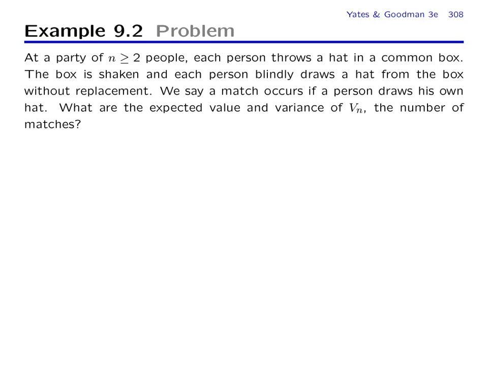What's unclear is whether the number of matches you'll see will go up or down as the size of the party increases. As n gets larger, there'll be more people with a chance to match. On the other hand, as n gets larger, there'll be a reduced probability of matching with your own hat.